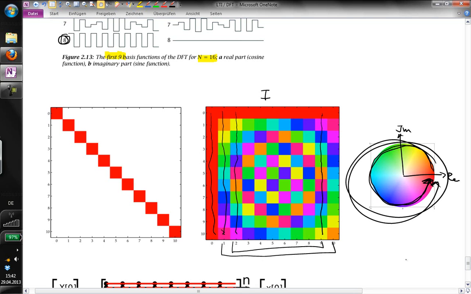What I've shown on the left-hand side is the basis of single pixels or of single impulses, whereas this is the Fourier basis. What I wanted to stress here was if we have a basis of impulses, we are perfectly localized in space. So each contribution tells us exactly how much of the signal is at a given point in space.